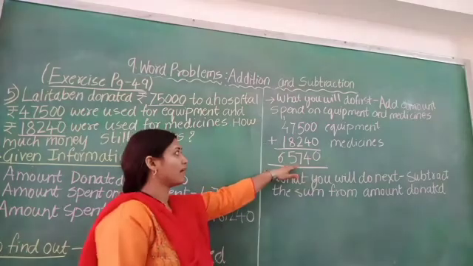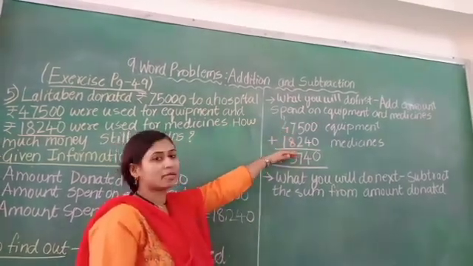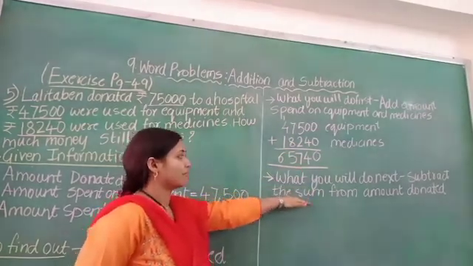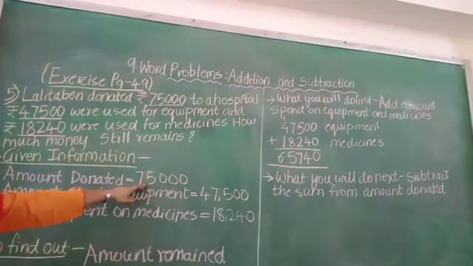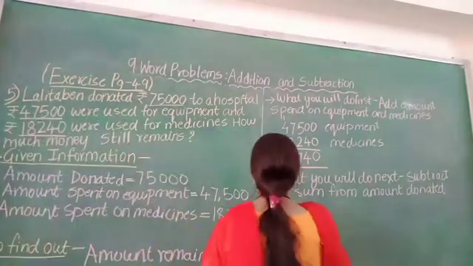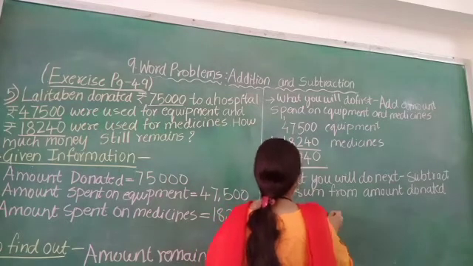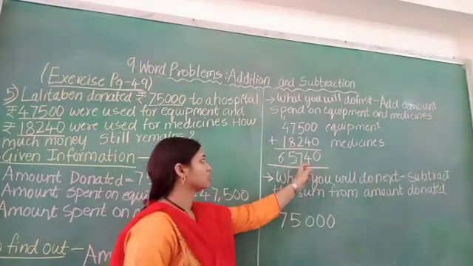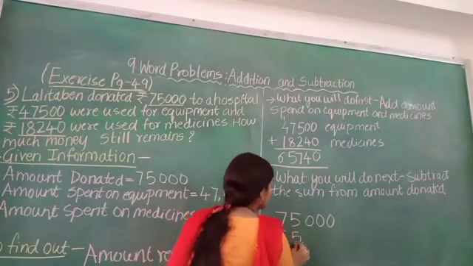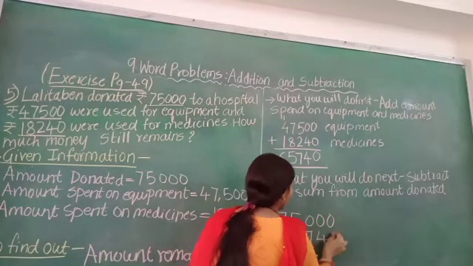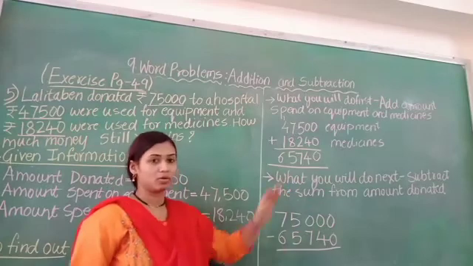The amount which we have got after adding both the amounts spent on equipment and medicines, we will subtract from the total amount donated. Now, what was the total amount donated? It is 75,000. So here we will write 75,000 minus 65,740.